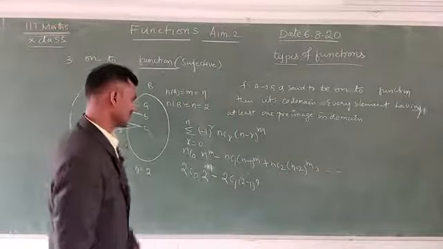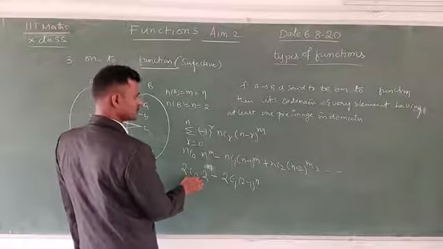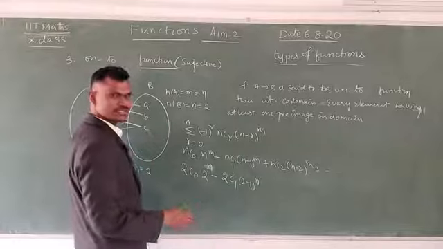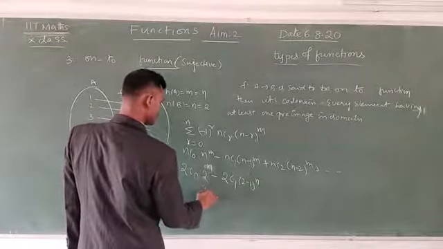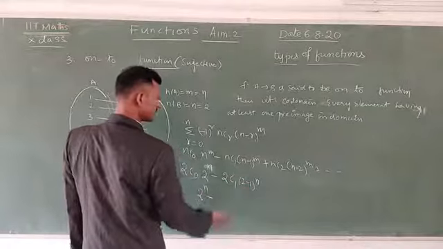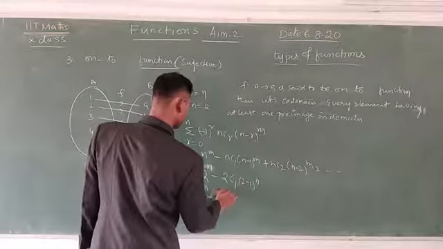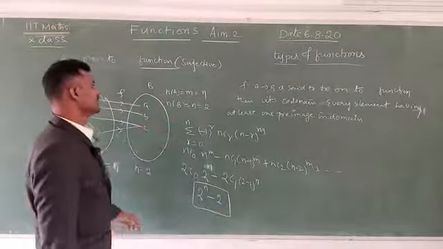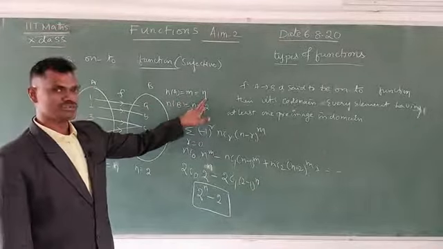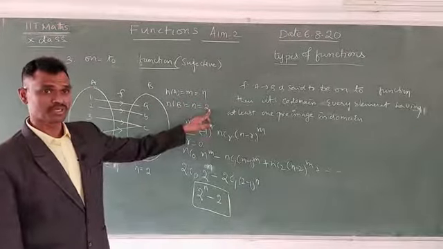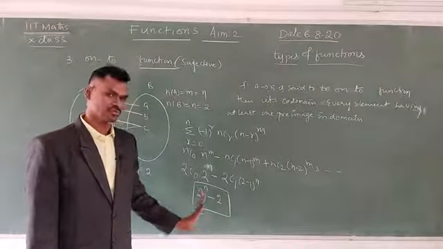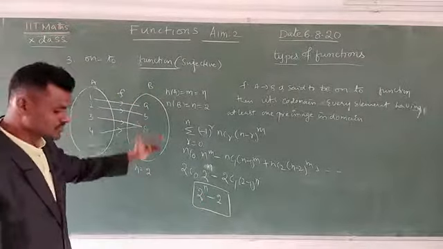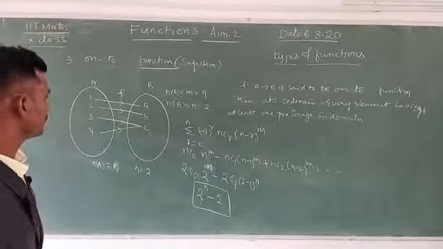Not possible afterwards. 2C0 is equal to 1, 2C1 is 2, and 2 minus 1 means 1 for n, 1. When n of A is equal to n elements, n of B is equal to 2 elements, the total number of onto functions from A to B is 2 to the power of n minus 2. This is onto functions or surjective functions.